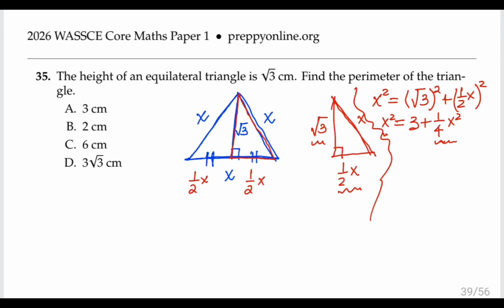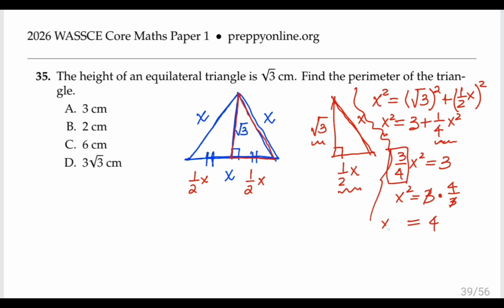So we have x squared here and 1/4 x squared here. So we subtract 1/4 x squared from both sides. What do we get when we do that? We get 3/4 of x squared is equal to 3. So we can multiply both sides by the reciprocal of 3/4. When we do that, we get x squared equals 3 times 4/3, which is equal to 4.